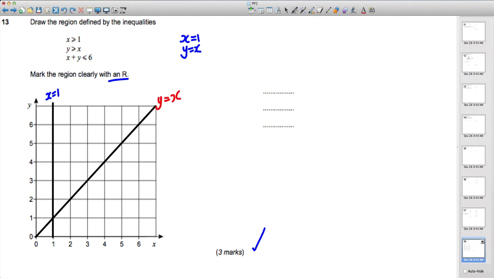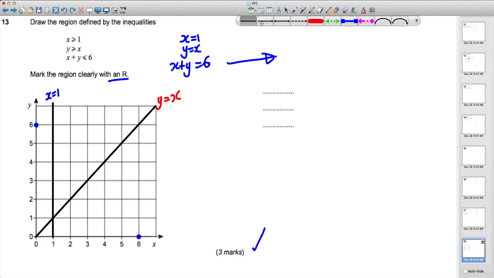And then you want to draw the line x plus y equals 6. Different ways of doing this. Probably the easiest way I would suggest is say when x is 0, what would y be? If x is 0, y is 6. So when x is 0, y is 6. And if y is 0, x must be 6.